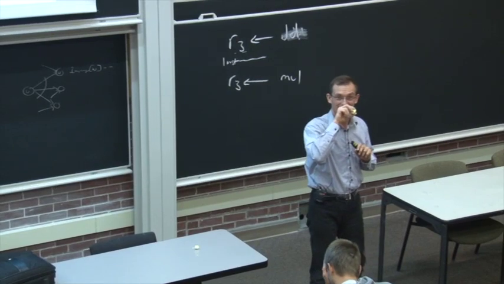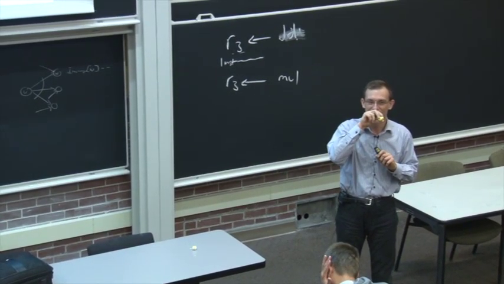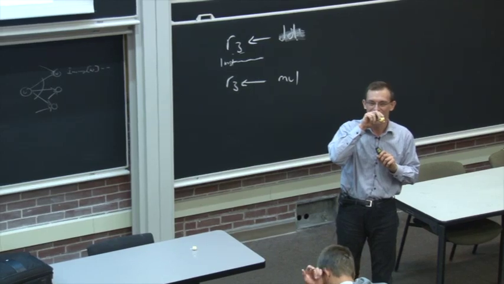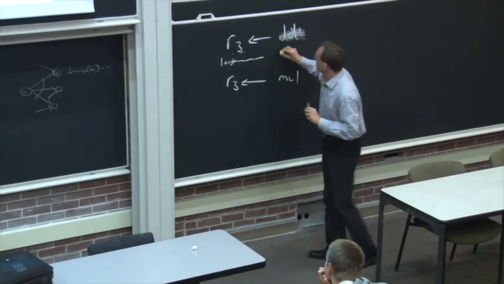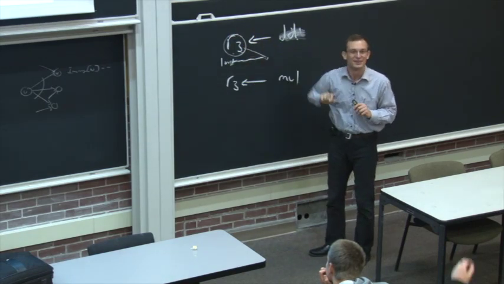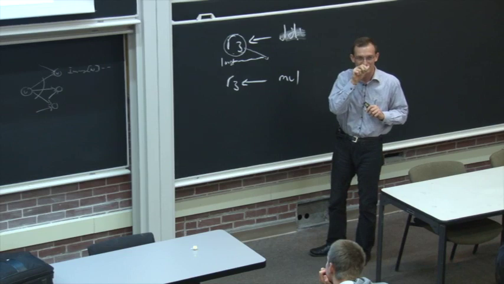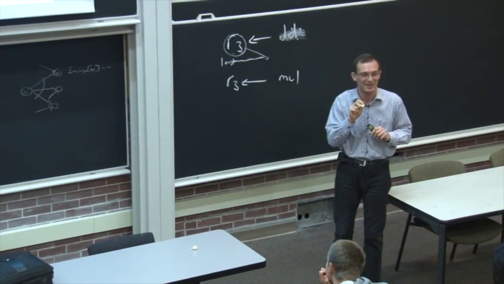Yes? If the load takes a while, you need to make sure that you wait for the load to finish before you write the multiply result. That's right. But why would there be no instruction that sources this R3 in between? Yes? Okay, that's good. So the compiler did something right here.